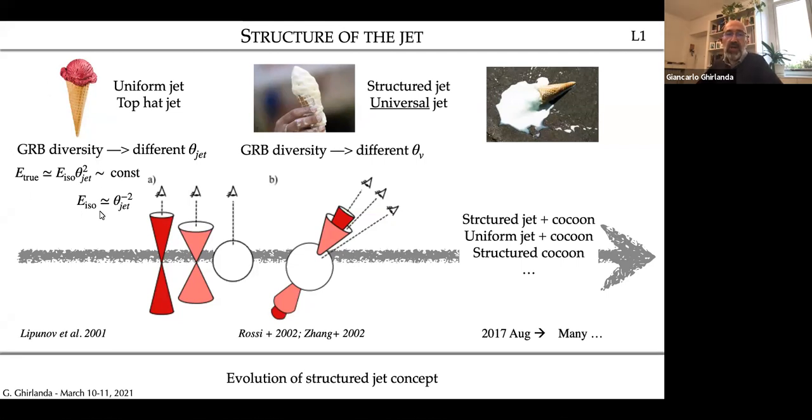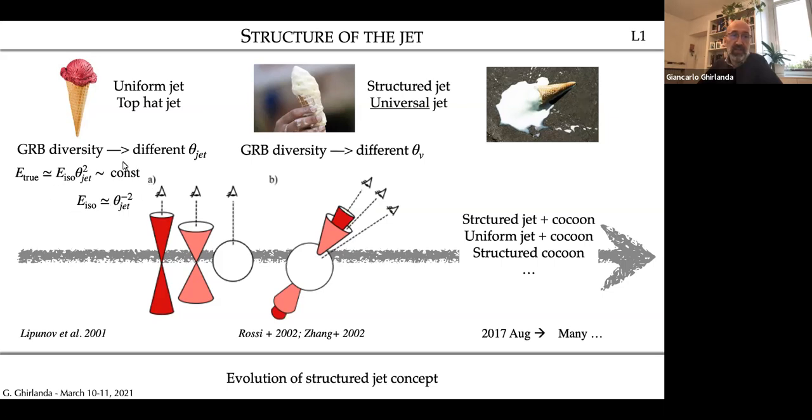A very simple argument is related to this equation here that we also discussed yesterday. For years we have been using, and still use, as a proxy for the energy of the burst the isotropic equivalent energy. But once we measure the jet opening angle, we can recover the true energy by multiplying by the square of the opening angle in the small angle approximation, which, according to some observations, is almost constant.